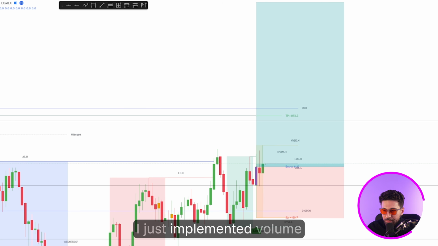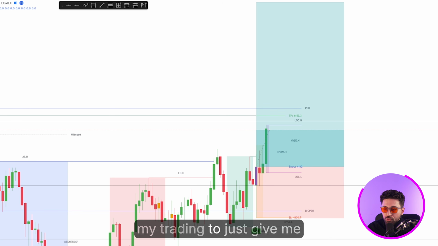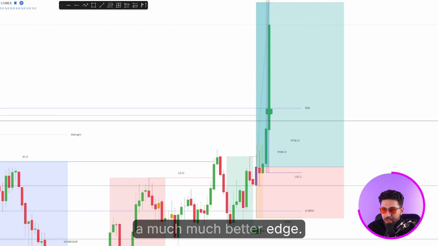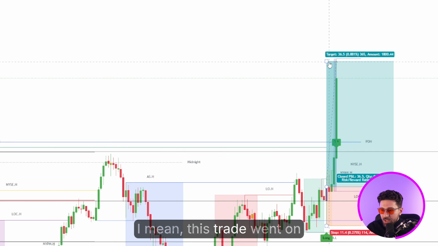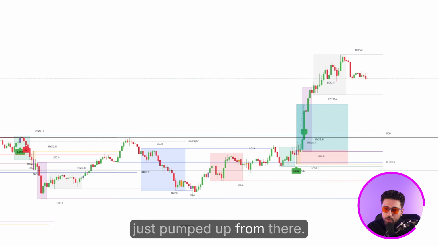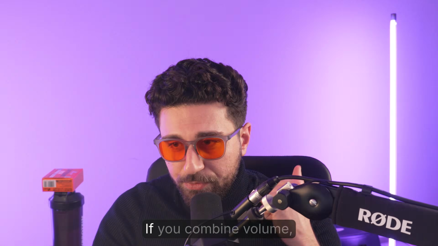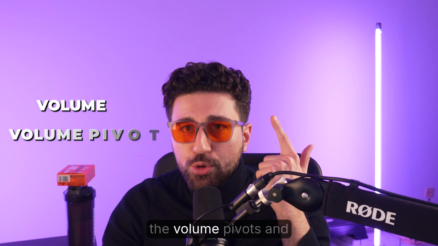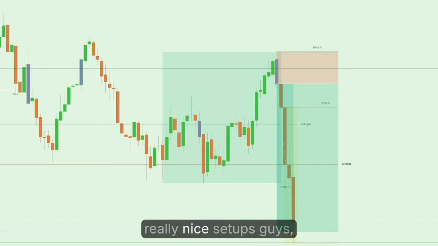I just implemented volume and volume analysis into my trading to give me a much better edge. And look at this, guys. I mean, this trade went on and on and on, and gold just pumped up from there. And this was just a crazy risk reward ratio. If you combine volume, the volume pivots, and the manipulation candle, you can get some really nice setups, guys.